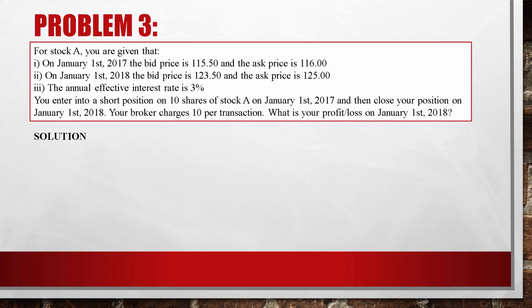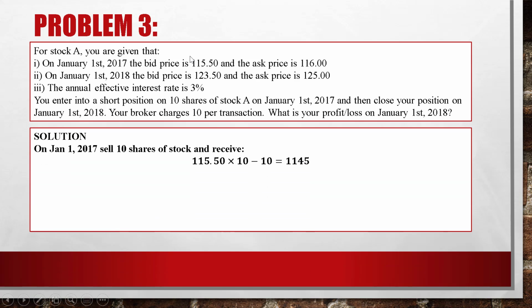Let's consider January 1st, 2017, when you short sell 10 shares. You would receive 10 times the bid price on 2017, and don't forget to pay the $10 transaction fee. So the total that you receive is $1,145 on January 1st.